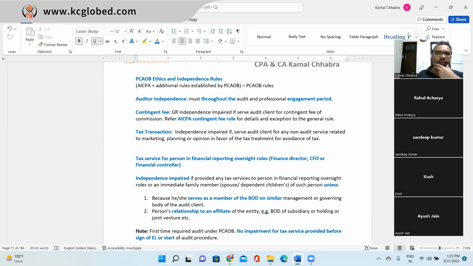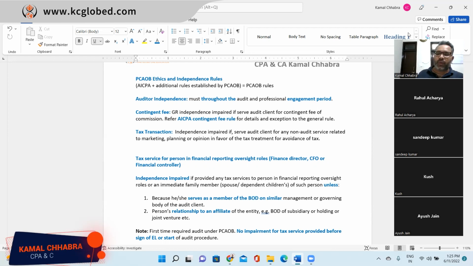Auditor independence is a must for any issuer audit engagement, and that independence is required throughout the audit, not just at the time of conclusion or at the time of acceptance of the engagement. From acceptance to delivery of the audit report, all the audit team members need to maintain independence, right?